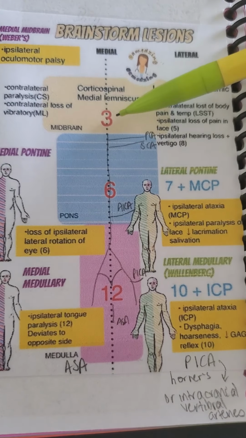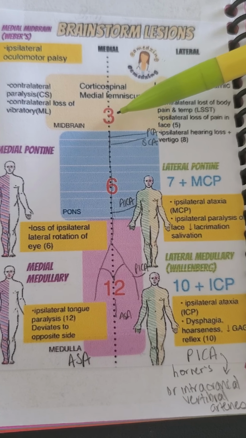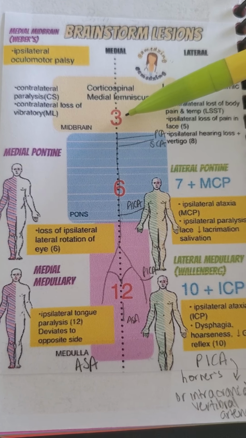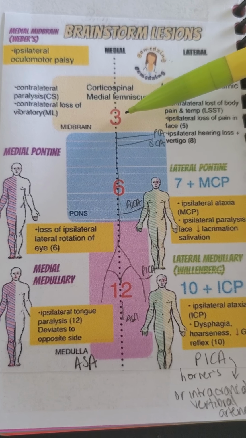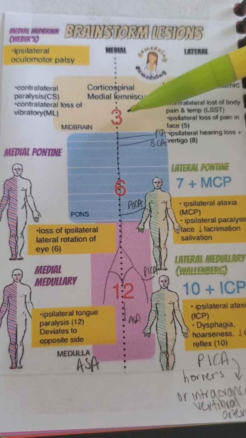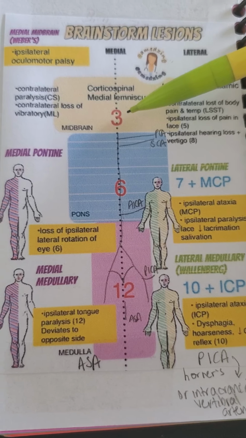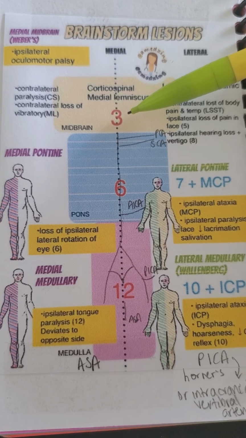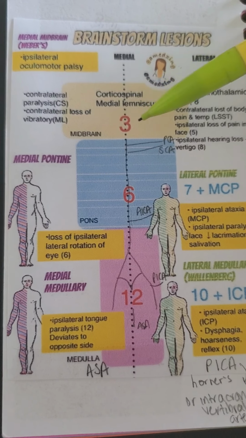So if we have a cranial nerve lesion number 3, I just said that the cranial nerve number 3 innervates the superior rectus, inferior rectus, medial rectus, and inferior oblique, right? So I just said that.